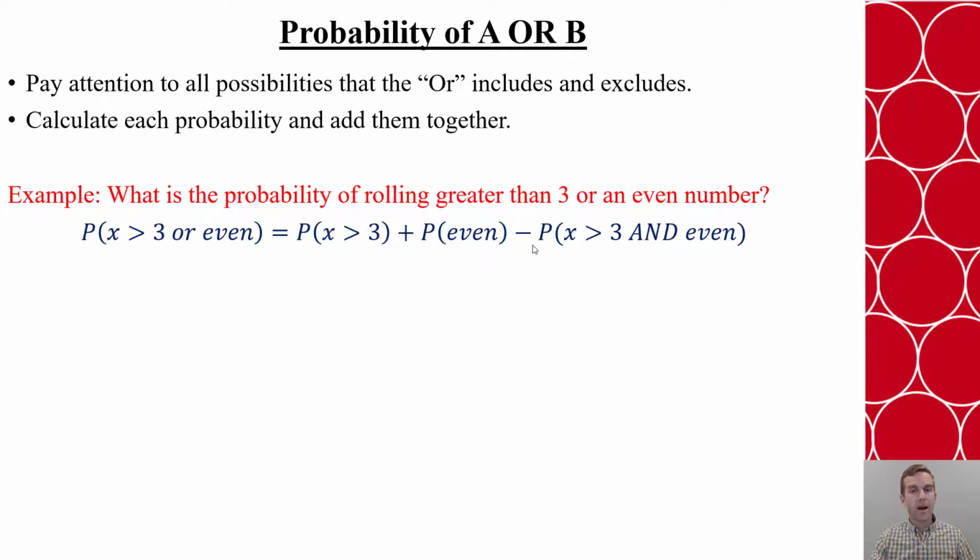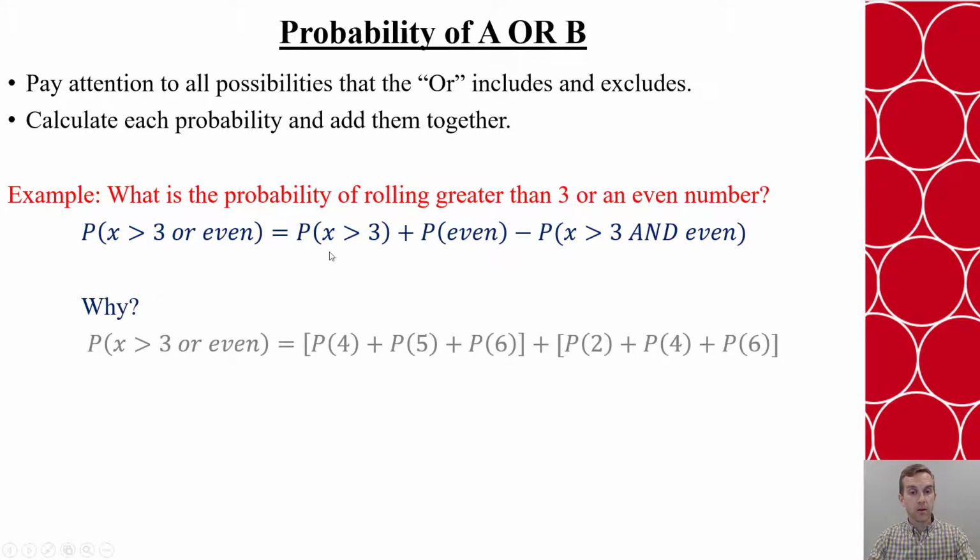So, well, why do we say this? Let's lay out all the sample spaces. If I do the probability of being greater than 3, we said that was the probability of 4 plus the probability of 5 plus the probability of 6, because any of those three numbers are greater than 3. The probability of being even is 2, 4, or 6. But look what happens when we do this. The probability of 4 gets counted twice, and the probability of 6 gets counted twice.